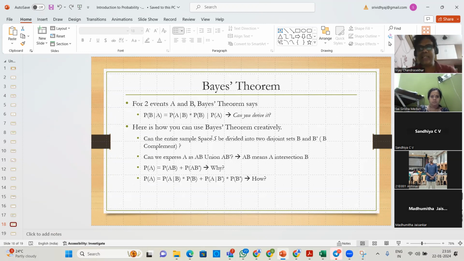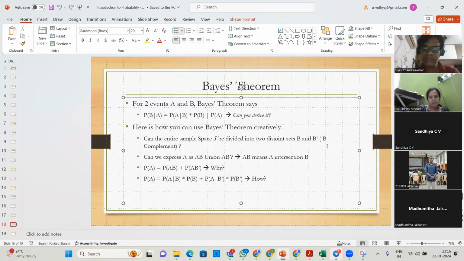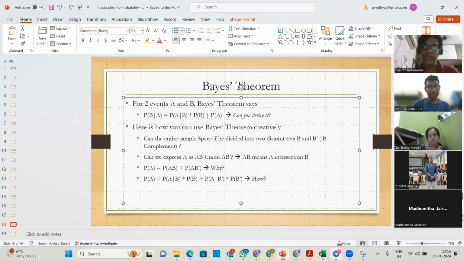Now, can we say the entire sample space S, I can divide that into two disjoint sets, B and B complement? I couldn't put the complement symbol there, which is why that's an apostrophe, by the way. So can we say I can divide the sample space into B and B complement and they're disjoint? Yes, we can, right?